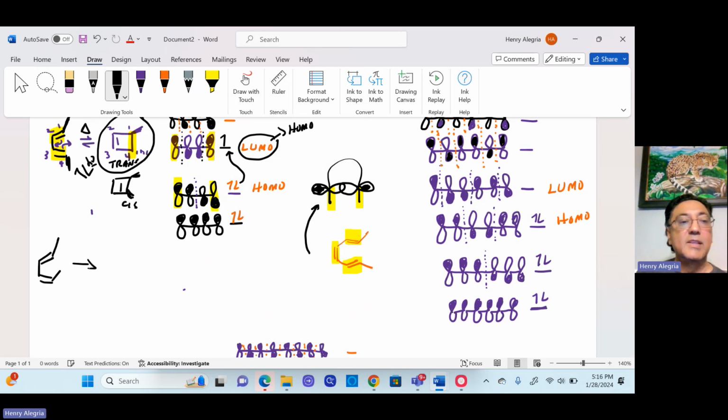If I'm doing this under heat, this is the HOMO we're dealing with. The terminal ones, one is shaded up, one is shaded down. So I'm going to use the simplified version. So here I have shaded up, and on this side, I have shaded down. This time, one methyl group is pointing out, and one methyl group is pointing in, and then they're connected via carbons 2 and 3.